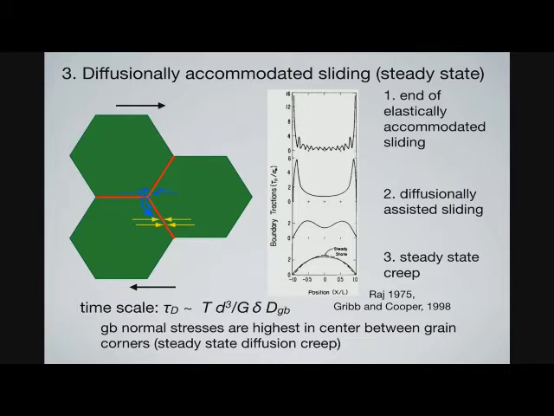And that's the idea behind seismic attenuation: you have seismic waves applying a shear stress, leading to stress concentration at grain corners. That starts to drive diffusion.